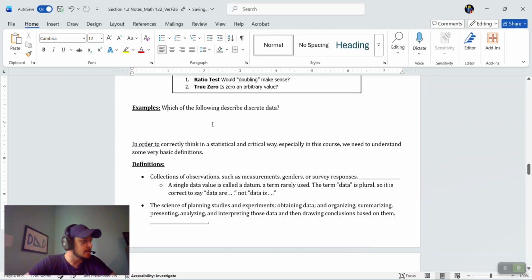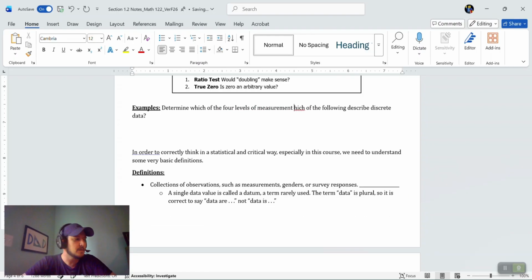All right, determine which of the 4 levels of measurement best describes the given data.